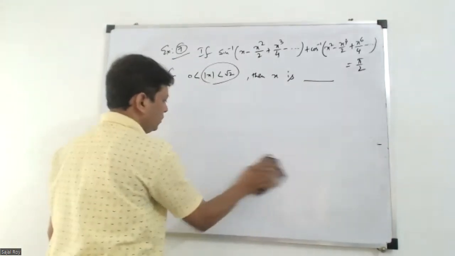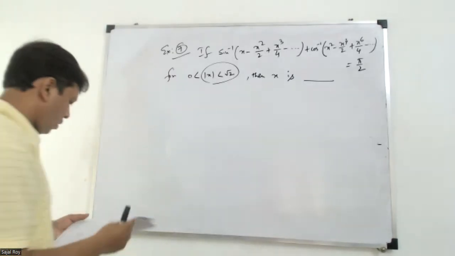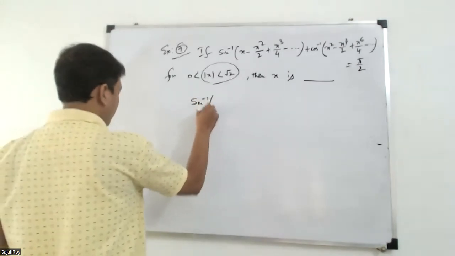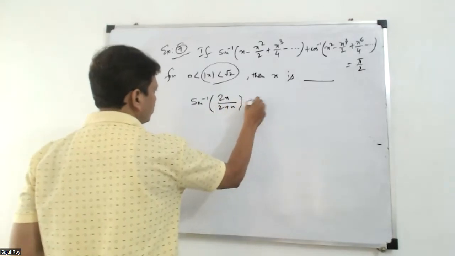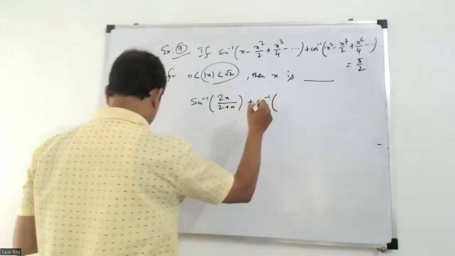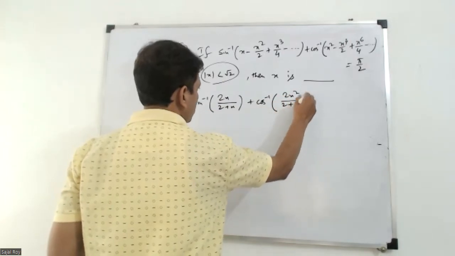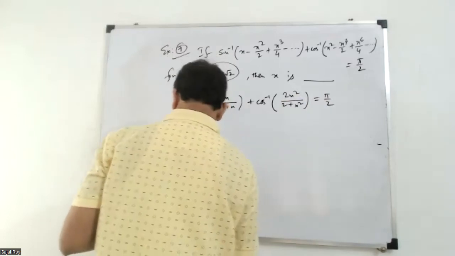Now let me write sin inverse in the sum form, equals pi by 2.